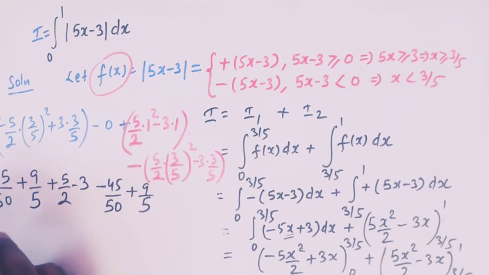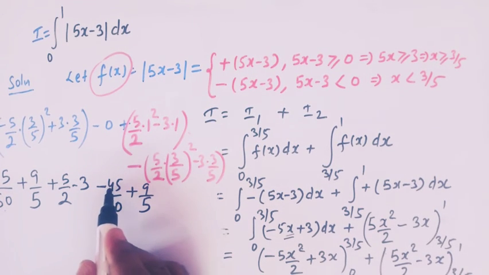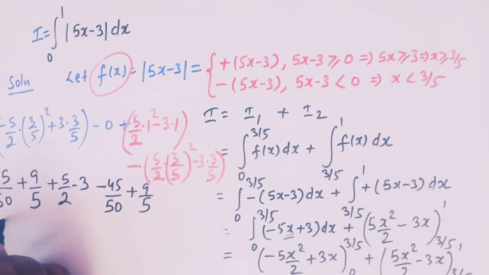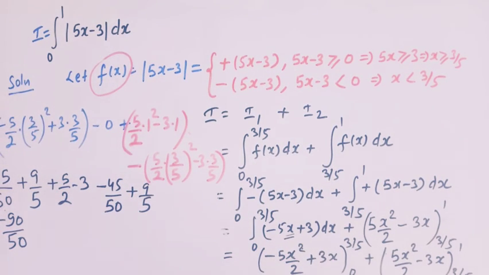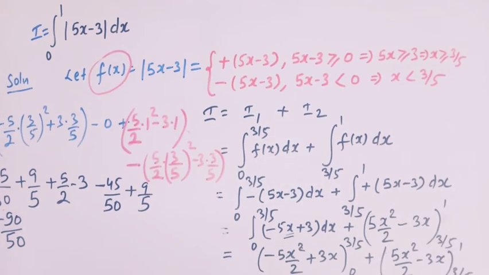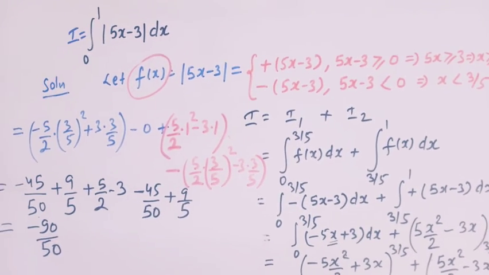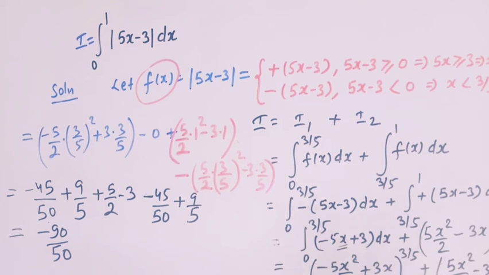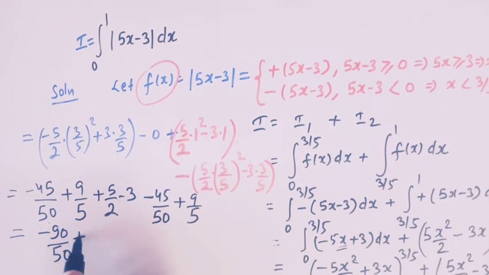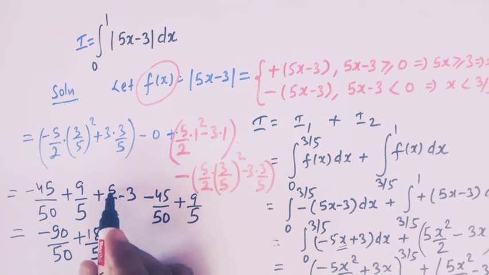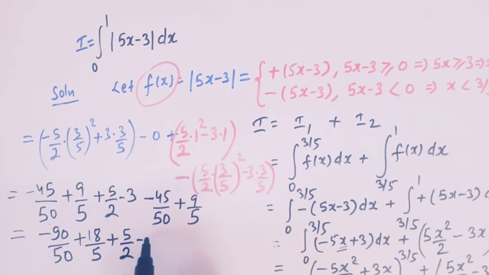Okay, so now minus 45 over 50 and minus 45 over 50 becomes minus 90 over 50, and 9 by 5 plus 9 by 5 is 18 over 5, and this is 5 over 2 minus 3.